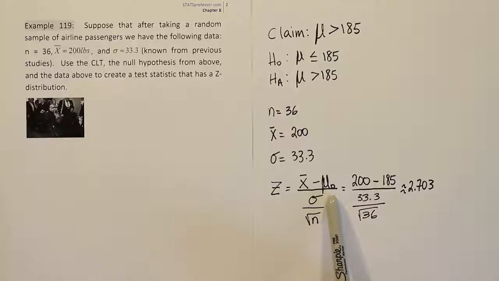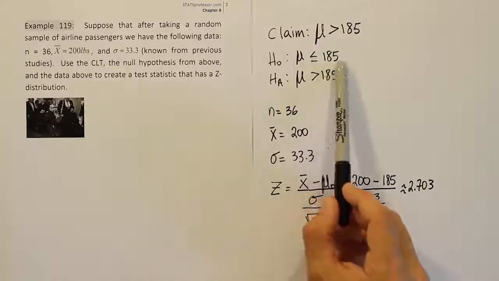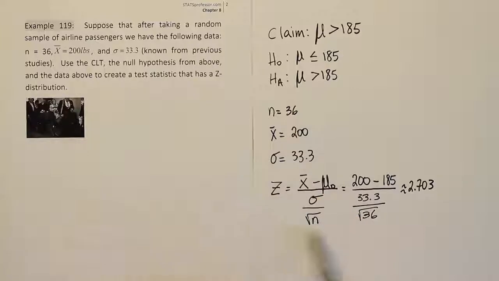In general, we like to side with the data because most of the time data collected from the real world should be trusted over somebody's belief or hypothesis. So in this particular case, because we see such an extreme z-score, something close to 3, we would tend to think that the hypothesis here that's saying that it's less than or equal to 185 is wrong. So that's the idea behind the test stat. Here's the calculation and the formula, and from there we'll move on to the next step.